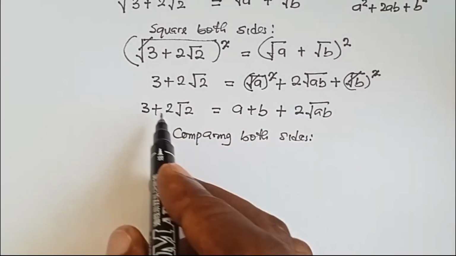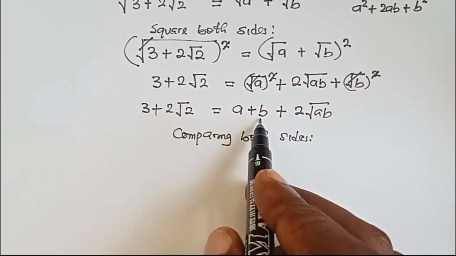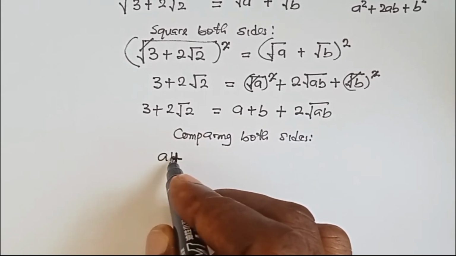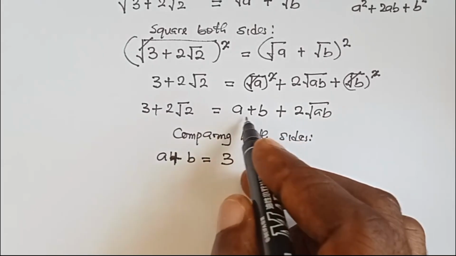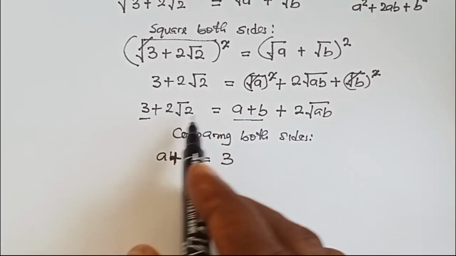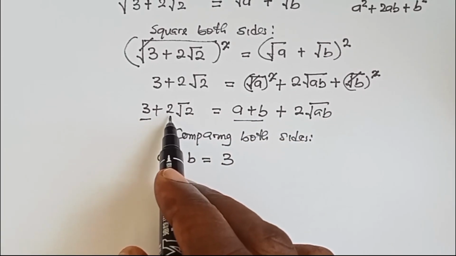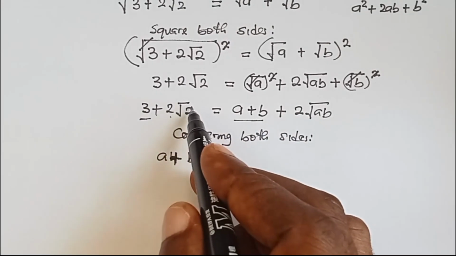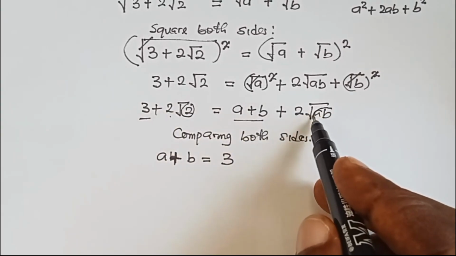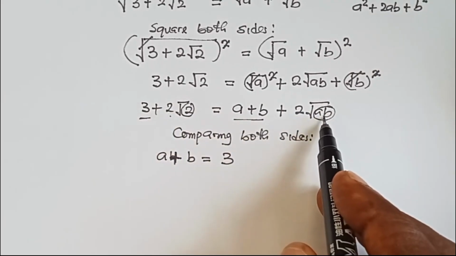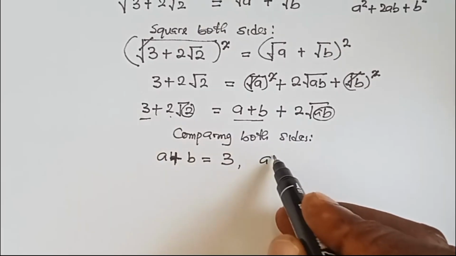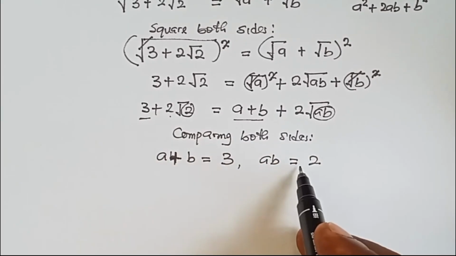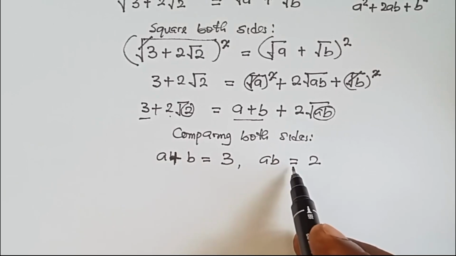When we compare both sides, 3 is equal to a plus b, and that gives our equation 1: a plus b equals 3. And when you look at this, we have 2 root 2, and here we have 2 root ab. That means ab is equal to 2. So we call this equation 1, and this equation 2. Then we solve this simultaneously.